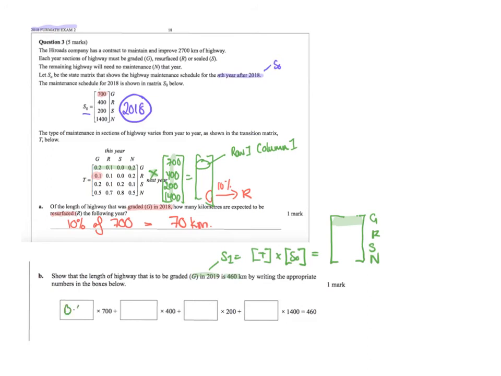It gets times by the 0.2. Then you would add the 0.1 times the 400, and then the 0 times 200 and 0.2 times 1400. So I'm using these numbers along here, and they show me how that would multiply, and this ends up being 460. So really, I didn't even have to type it into the calculator here, I shouldn't be able to, because I've got to show them how it's worked out.